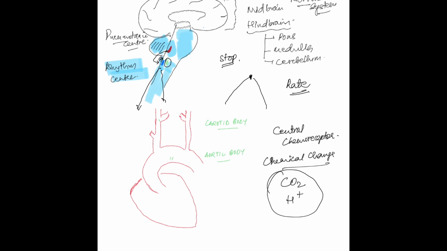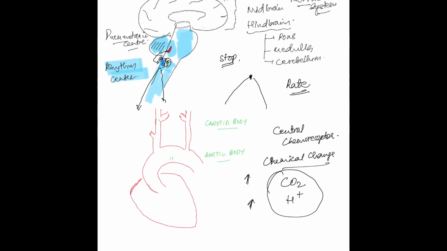When the concentration of carbon dioxide and hydrogen ion increases in the blood, this area recognizes it and sends signals to the respiratory rhythm center, so that the rhythm center can alter the respiratory rhythm and eliminate more carbon dioxide from the body.